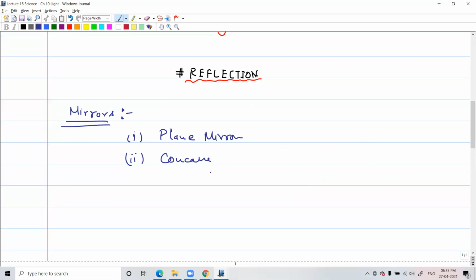So one is the concave mirror and the other is the convex mirror. The plane mirror is something which you have studied in earlier classes, but you need to be aware of what happens in plane mirrors also. Sometimes questions can be related to the plane mirror in 10th standard. I've seen some questions related to plane mirrors, but mostly we have to study concave and convex in this 10th class.